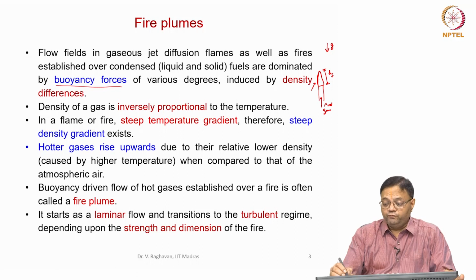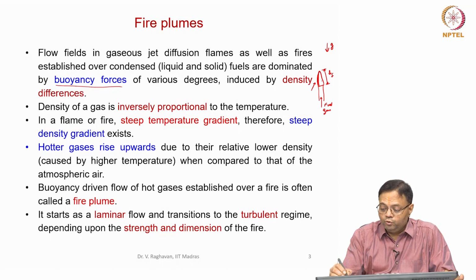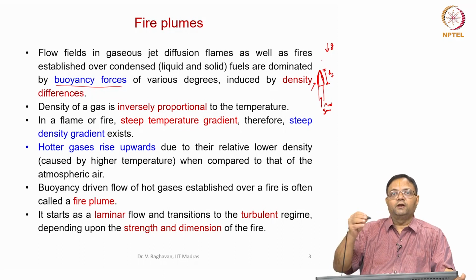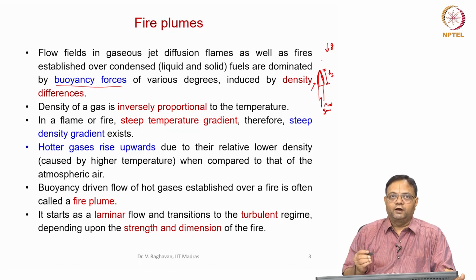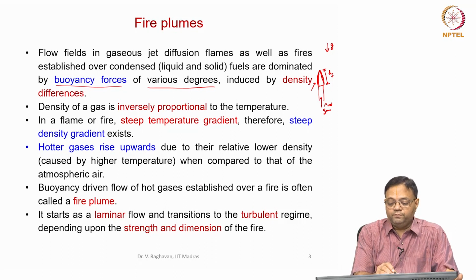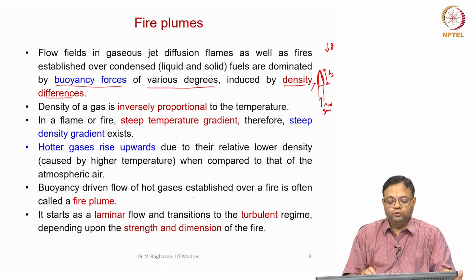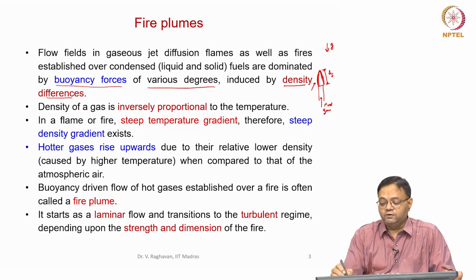So this flame is subjected to entrainment of the air from the ambient, and the hot gas rises up, and a recirculatory natural convection flow will occur. So the buoyancy forces of various degrees are expected, and these buoyancy forces are caused by density differences. Okay, so now this is for the gaseous fuel.